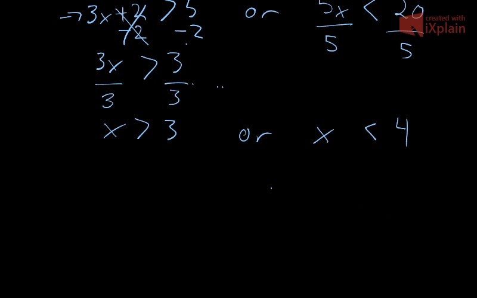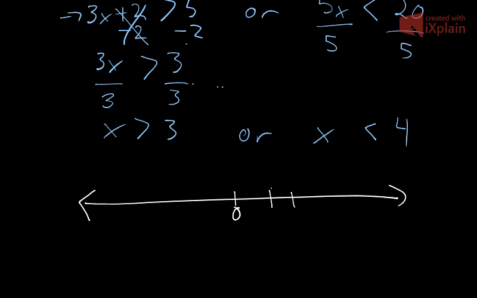So we have to make sure that we connect everything, and this is going to get a little bit weird on this number line. This has the exception to the rule in it. It says that x has to either be greater than 3 or less than 4. So 3 is right here. I'm going to have an arrow going this way for 3, and 4 is right here, and I need an arrow going that way.